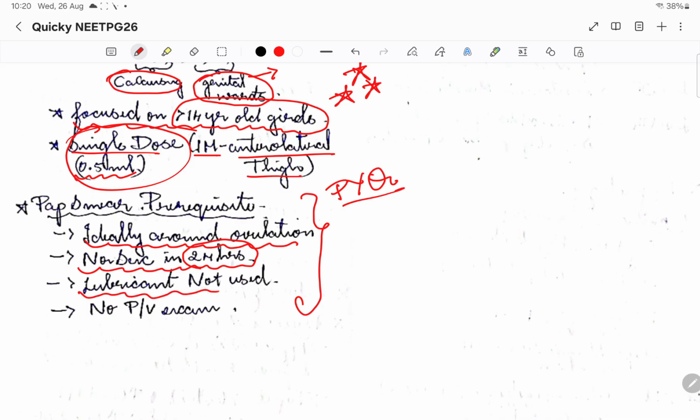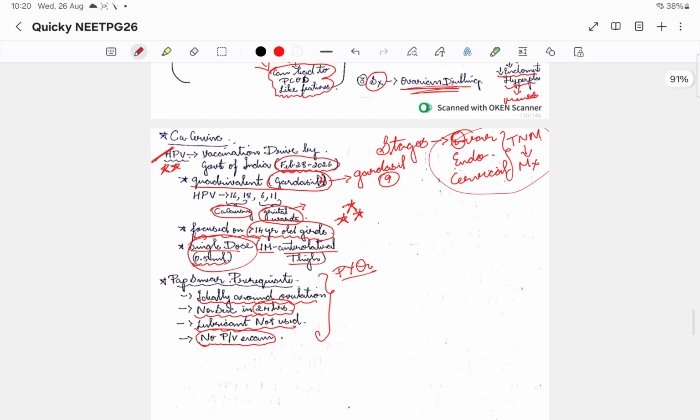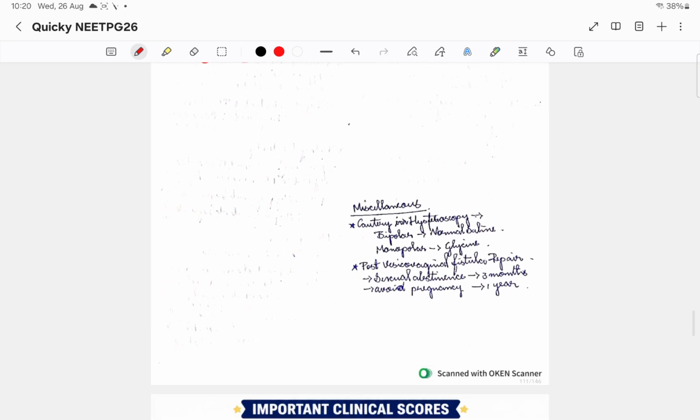Lubricants should not be used, and no per vaginal examination should be done before the pap smear. You know that, right? We use Ayre's spatula and ethylene glycol and all. So that is the thing with respect to CA cervix. All the stages and all the cancers are very important. Please go see the TNM staging and the surgical approaches that we do for each stage.